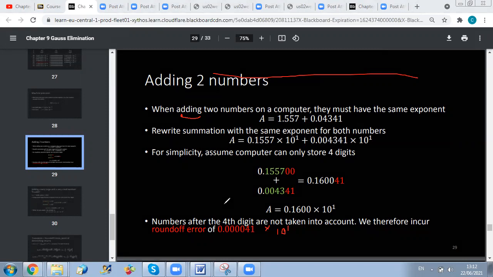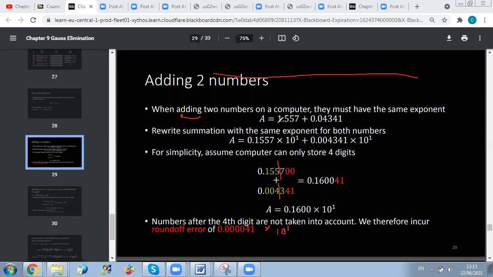In this specific case, if we say it can store 3 digits instead of 4, how exactly did we deal with the 7 plus 3?